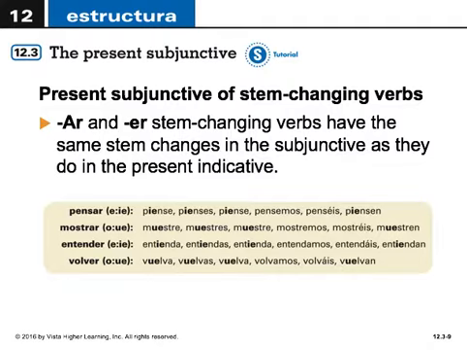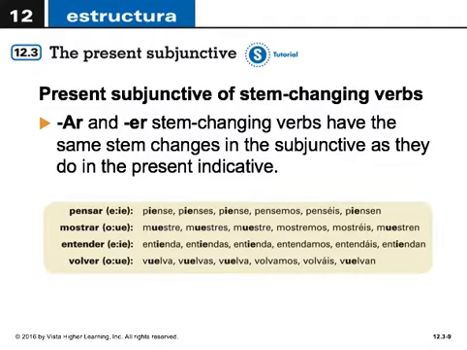And so with stem changing verbs, AR and ER stem changing verbs have the same stem changes in the subjunctive as they do in the present indicative. Many of them end up being stem changing from E to IE, like the verb pensar, piense, pienses, piense, or mostrar, muestre, muestres, muestre. O también entender, entienda, entiendas, entienda, entendamos, entendáis, entiendan.